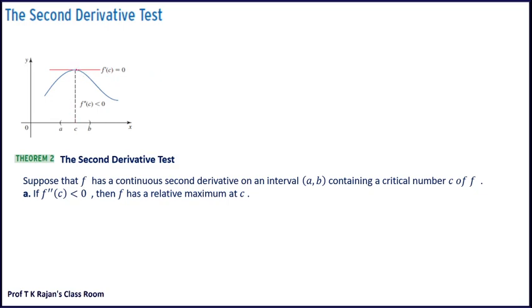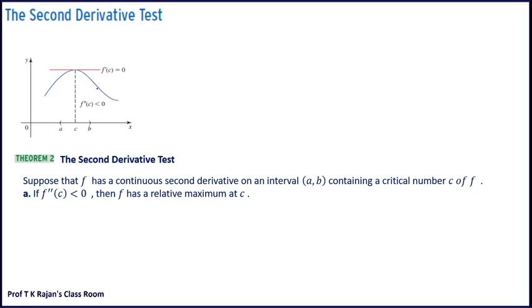This point c is a critical point, and here f'(c) = 0, the tangent exists, and it has a local maximum. This function has a local maximum, which means the function ceases to increase and begins to decrease.